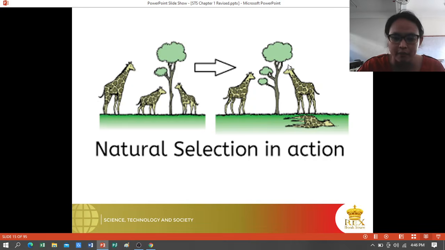Of course, if they are the only ones that survived, they are the only ones that will give birth. And when they give birth, they have the gene that is passed to another generation. And that gene, that characteristic of a long neck, is passed from generation to generation. So, what happened to the short neck, ma'am? Nothing, since it is dead, it cannot pass that on. Okay? So, that is natural selection in a simplified manner.